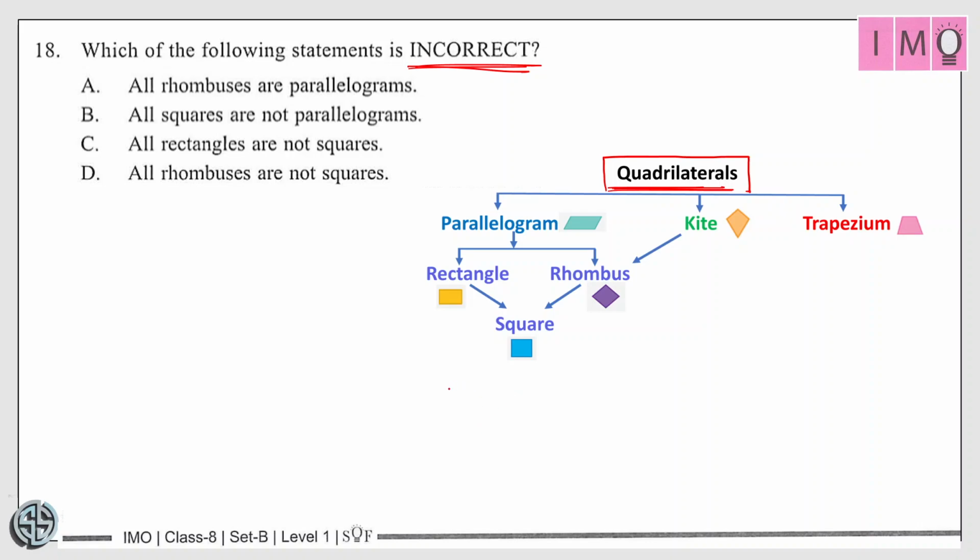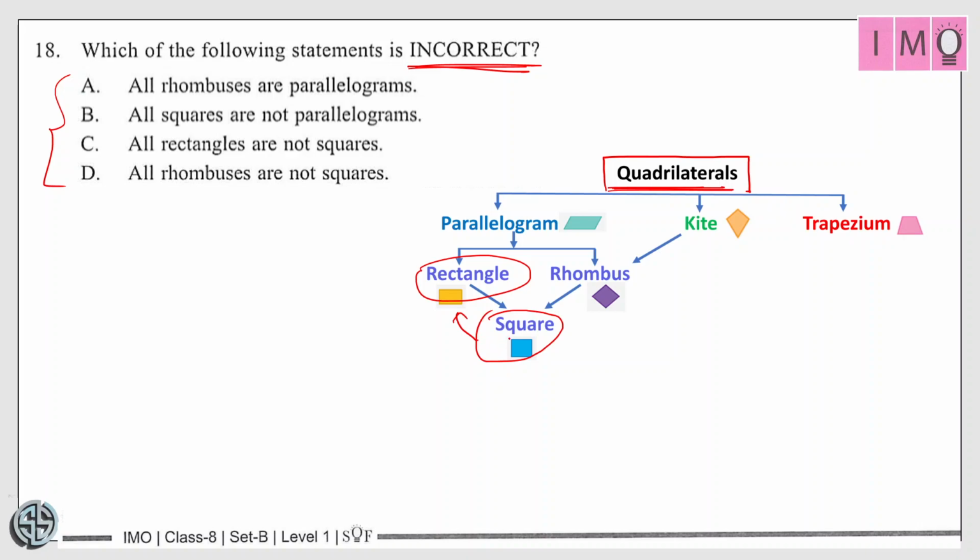Okay, so this is the chart that you have to remember, you have to have a command on that, right? So the trick I'm going to tell you for solving these type of questions is you have to remember that whatever the quadrilateral is below, you can write that all squares are rectangles. You can write like that, because rectangle is coming above the square.